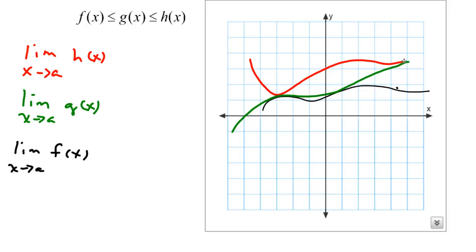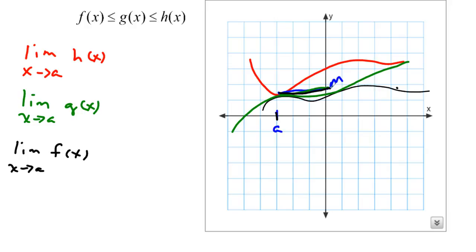So when I look at these limits again for a particular arbitrary value on the x-axis, call it a, right? Here's the value a. I know that the limit as x approaches a for the red function would be some value, call it M. The g function would also have to be the same value, M, and this black function, his value for this value a would have to all be the same, right?